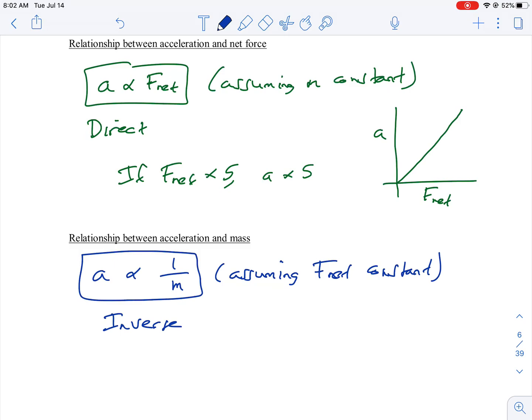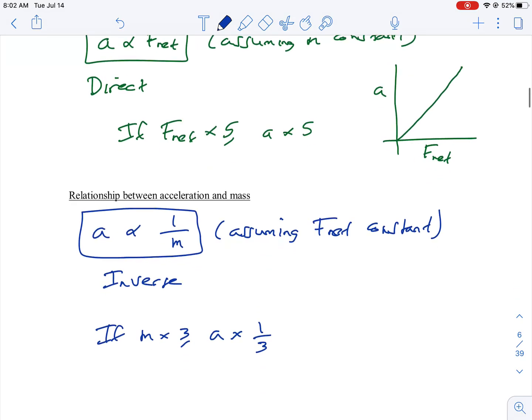And what that means is the bigger the mass, the smaller the acceleration. And in fact, if we get more specific, if the mass gets multiplied by 3, the acceleration will do the inverse of that. It'll get multiplied by 1 over 3. Notice, when mass gets bigger, acceleration gets smaller.